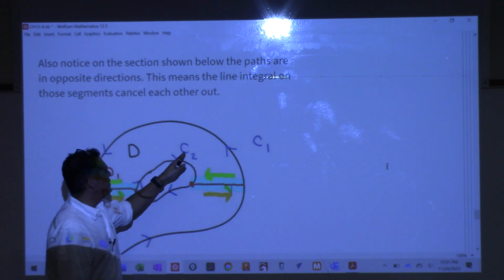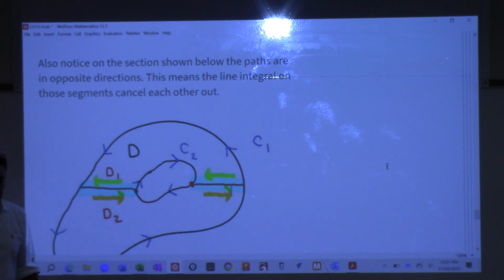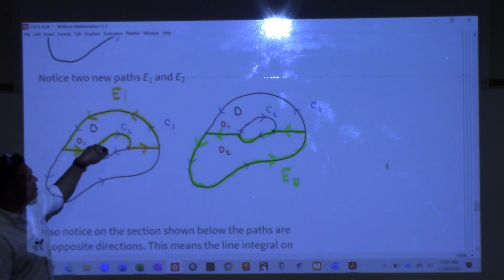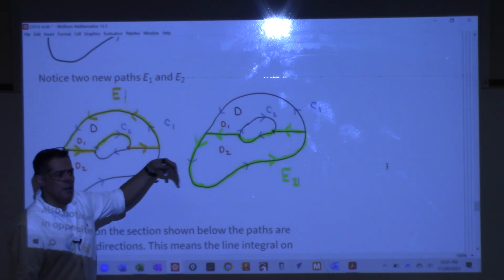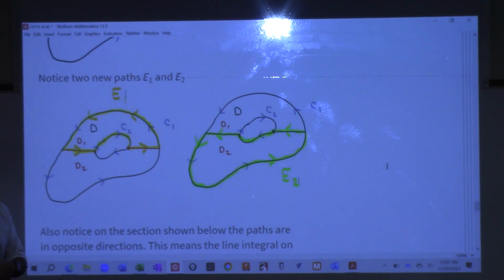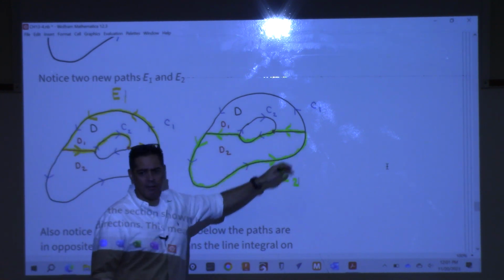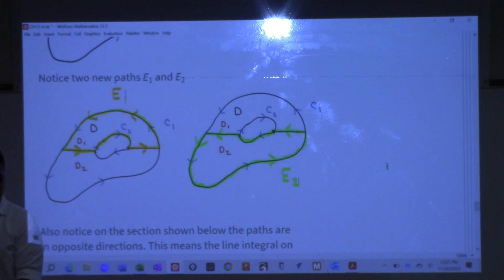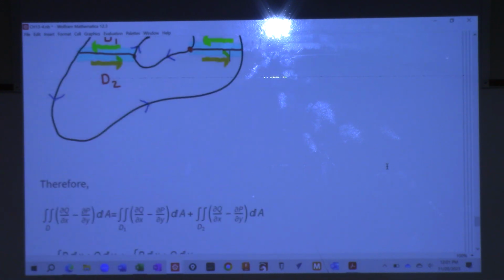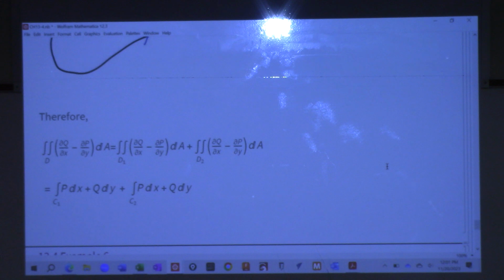Because what is C1 plus C2? It's the same as E1 plus E2. E1 was this, E2. You put those together, that's the same as C1 and C2. These parts here don't have to be accounted for because they cancel each other out. This is just to show you that it's okay to just do C1 and C2 added together. You don't need to worry about this piece in here. So that's our result, okay?